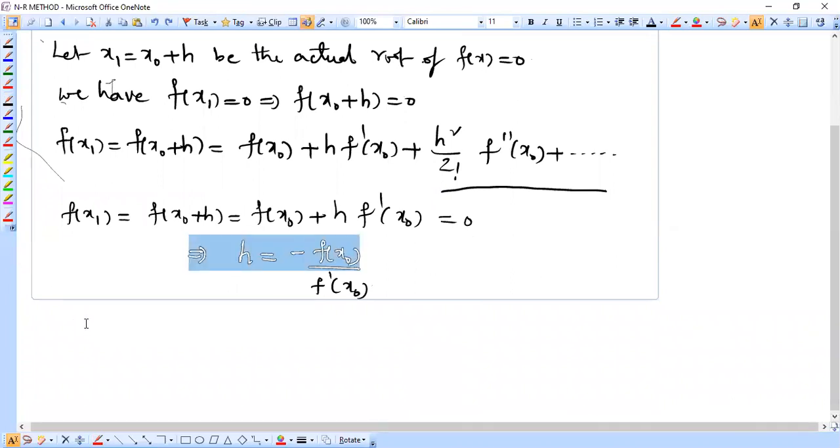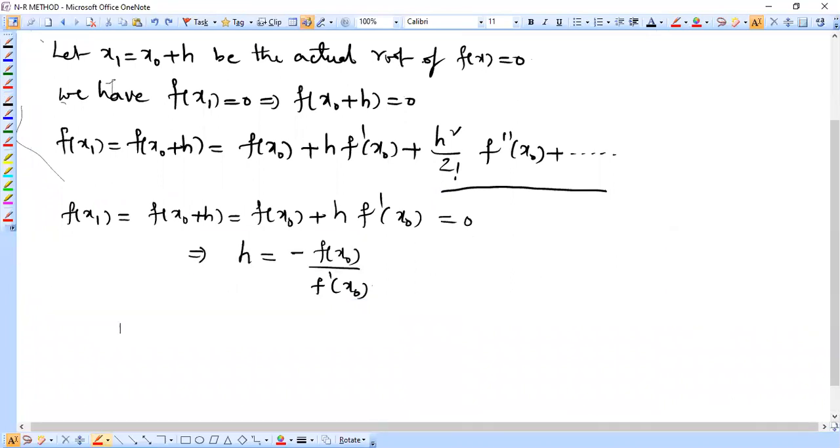Therefore, I can write x1 is equal to x naught minus f of x naught by f dash of x naught. So this is called the first approximation to the root.